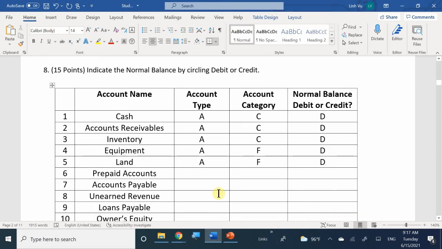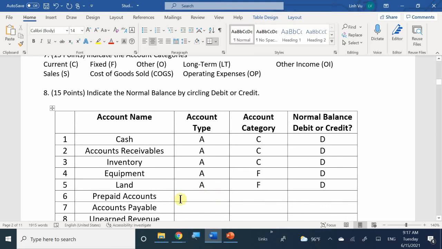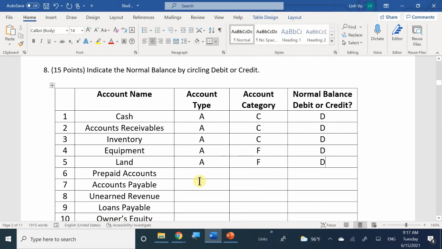What about prepaid accounts? Is it a liability? Okay, so this is a prepaid account. In other words, prepaid rent, prepaid insurance.